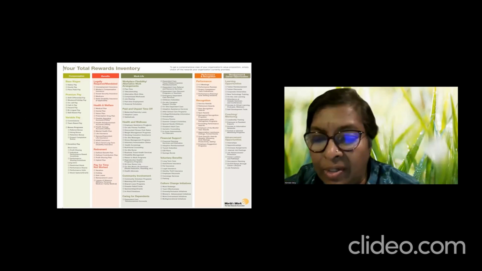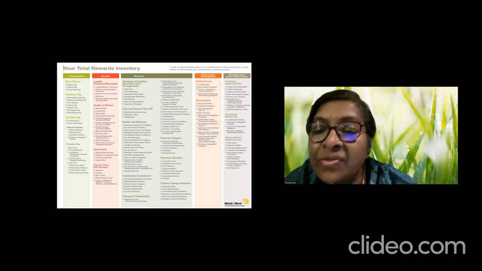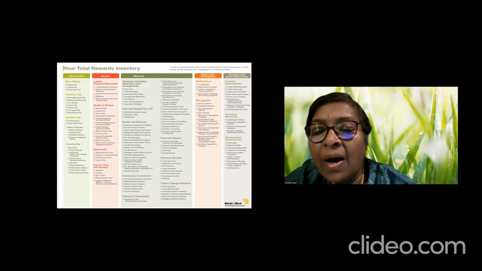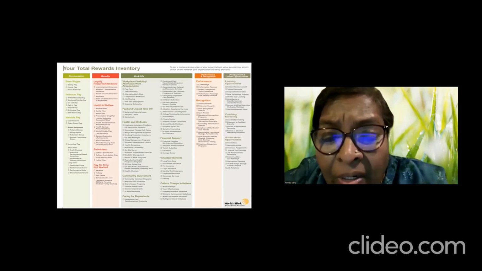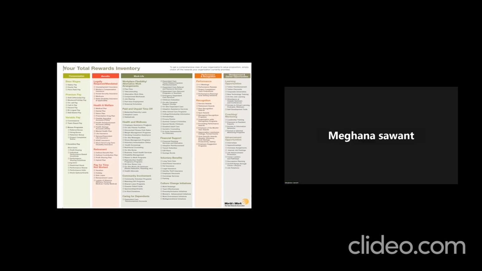It has a very wide list of things, so you can pick them. Then analyze for yourself: are you doing this as an integrated model or are they in isolation? Then we can talk about it.